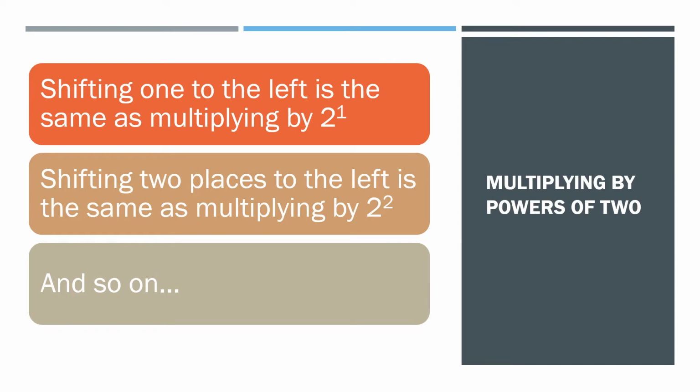Shifting 2 places to the left is the same as multiplying by 4, or 2 to the power 2. Shifting 3 places is the same as multiplying by 8, because that's 2 to the power 3, and so on. So multiplying by a power of 2 is the same as shifting that number of places to the left.